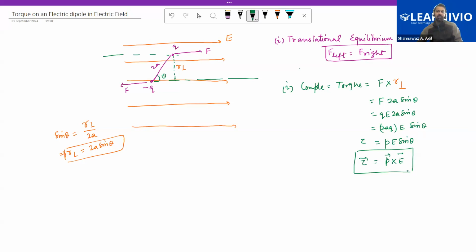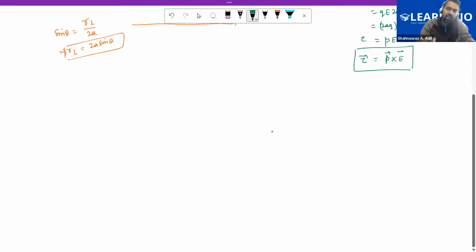And there are three conditions, right? What are those conditions? Depending on theta, we have special conditions.